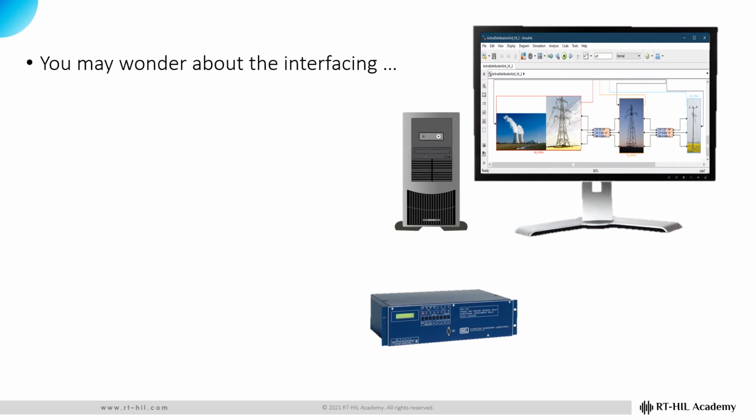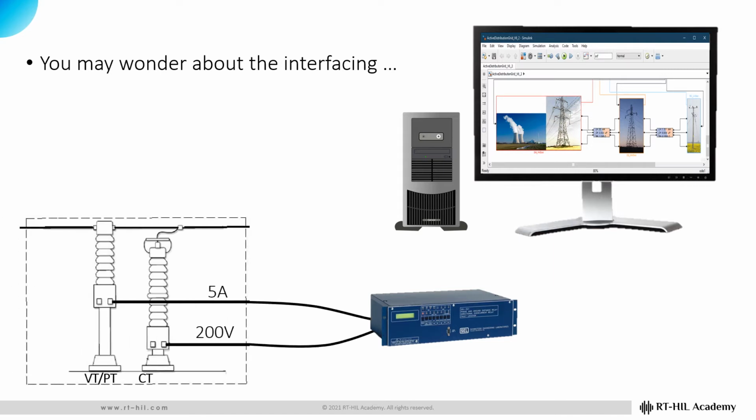You may wonder how the simulation is interfaced with the actual device. Keep in mind that a commercial-grade device is designed to interface with other actual devices in the field. For instance, the device shown in this example expects to receive electric current measurements in the level of a few amperes and voltage measurements in the level of a few hundred volts from current and voltage transformers in the field.